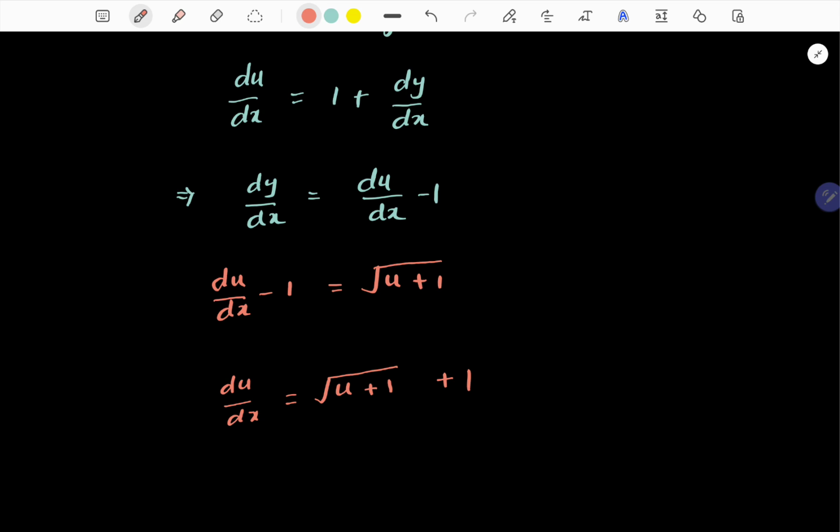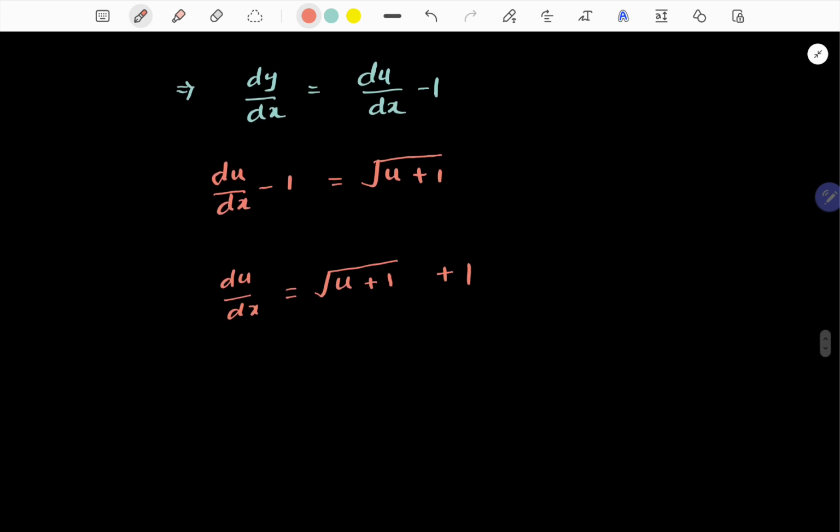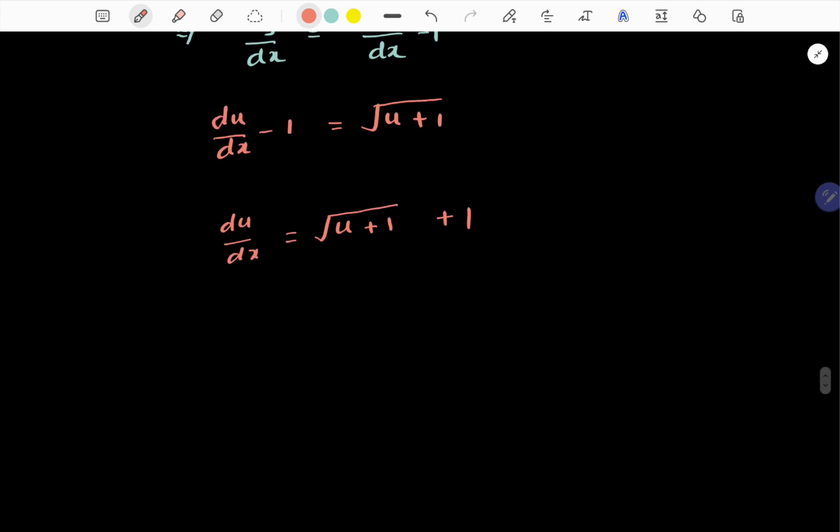So this is a first order separable differential equation, and we can write it, dividing this whole term and multiplying by dx, as du over the square root of u plus 1, plus 1, equal to dx.